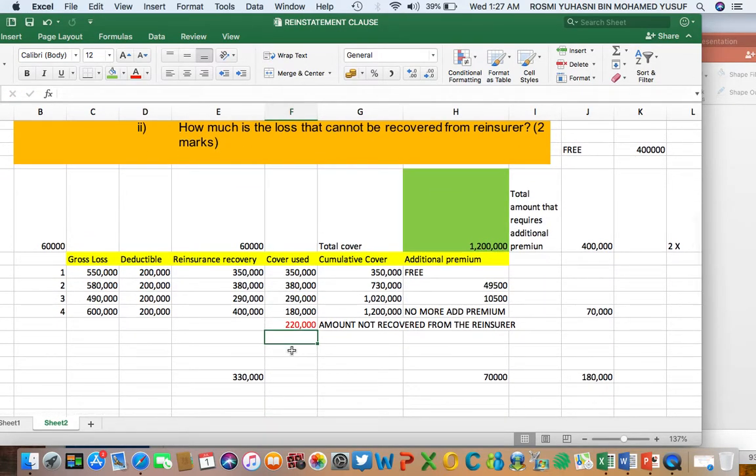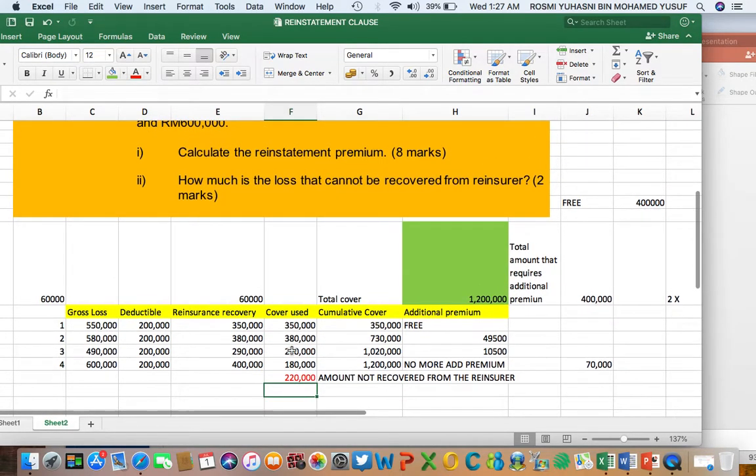Okay, so that is the answer. It's quite tricky, I understand that, but if you look carefully and give total focus on what I've shown you, you should be able to understand how to calculate the additional premium here and the cumulative cover here.